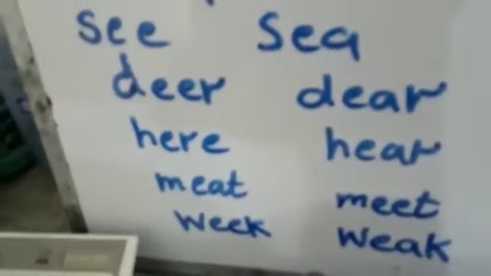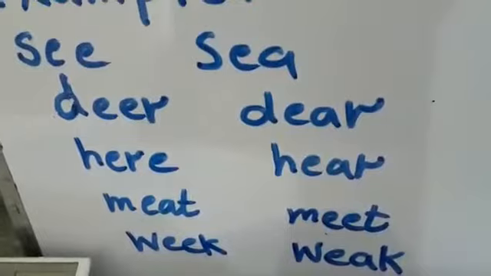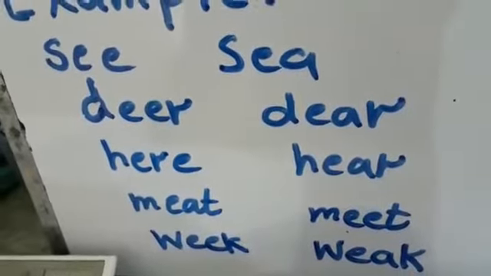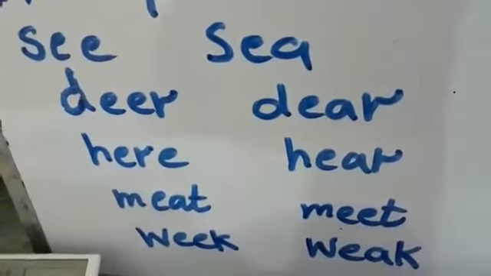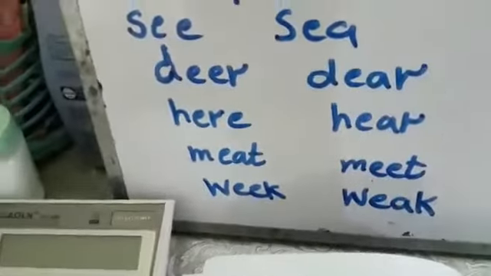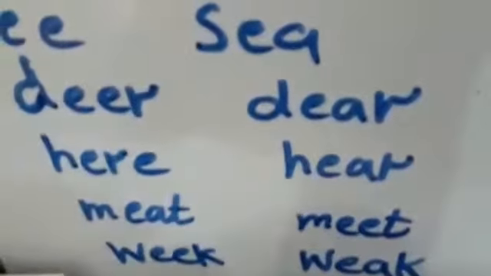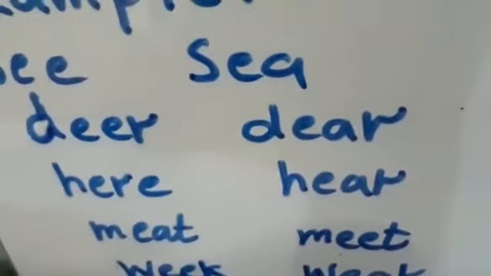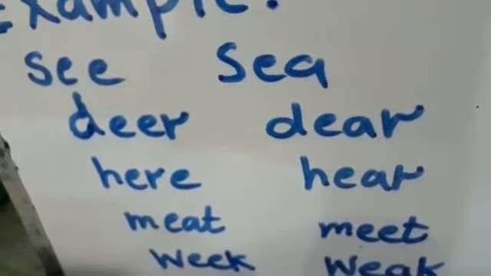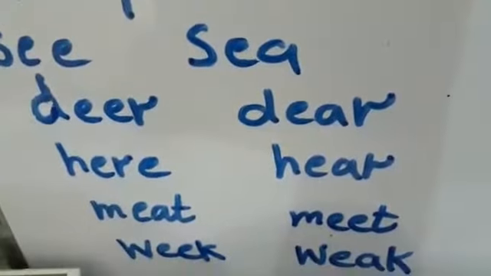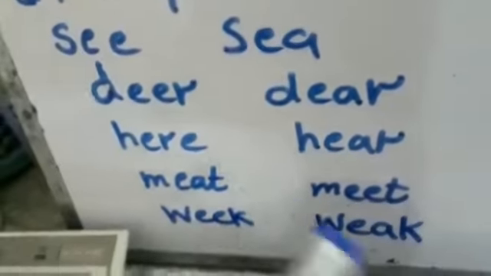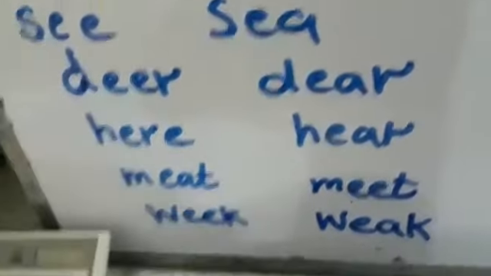Okay, here and hear. Hear means to listen to something, or here is the place, it means you are standing here or over there. Here and there. Clear? But spellings are different, meanings are different, but the sound is the same. That's why these words are also called homophones.